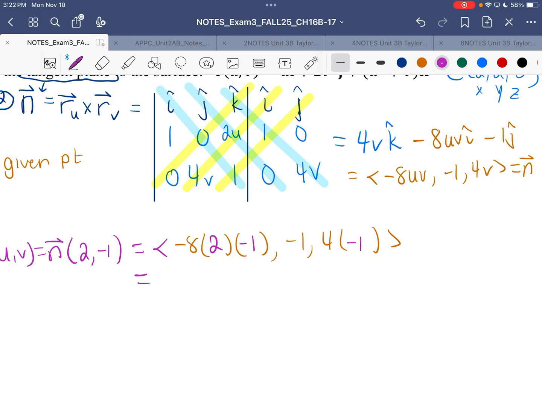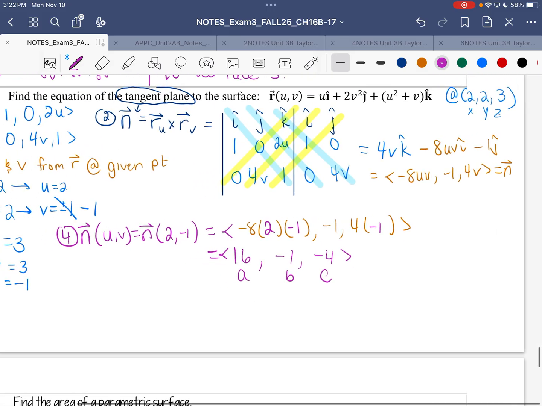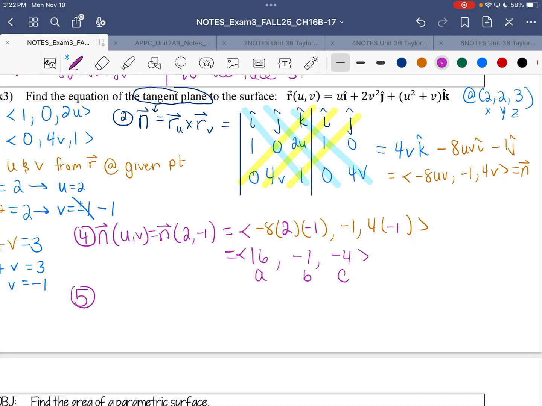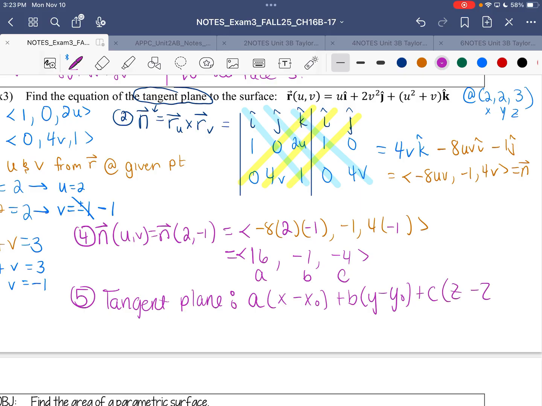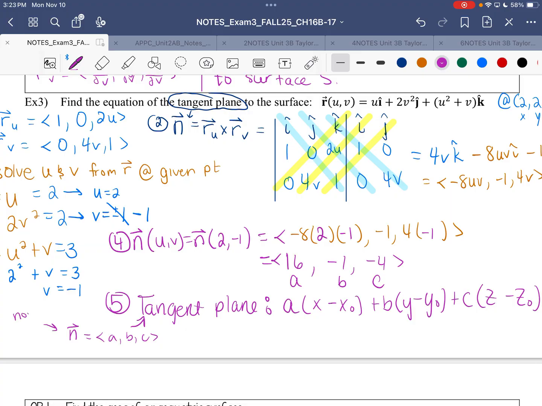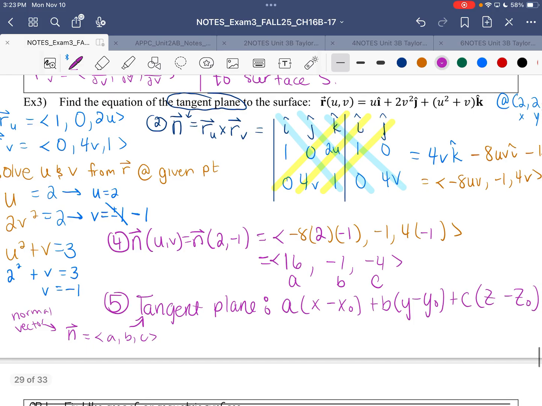Okay, we got 16, -1, -4. It's A, B, C. Okay, so just to remind you, in a tangent plane, the n is the normal vector that we got from the cross product.